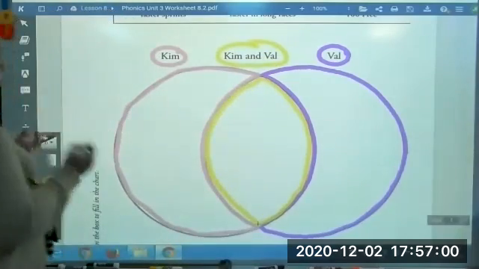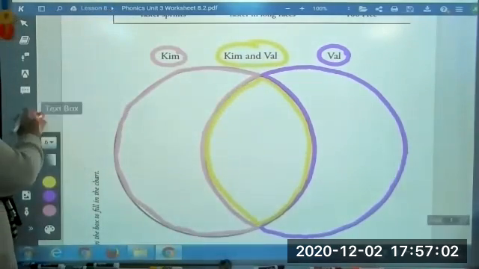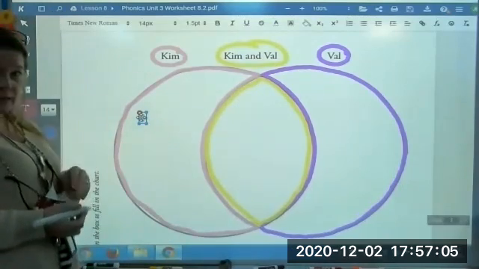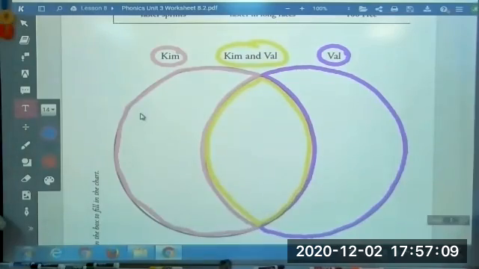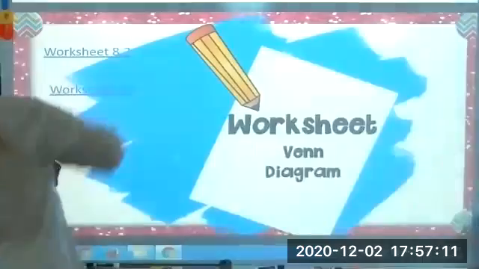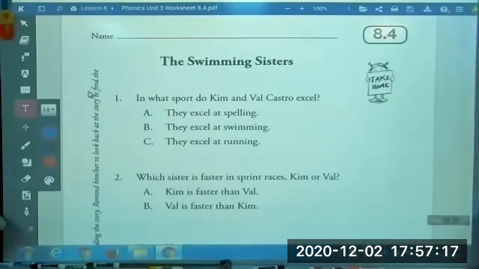Okay, what I want you to do is make a text box and type your answers. That should be pretty fast. The last thing that I want you to do, worksheet 8.4, it's just questions about the story.